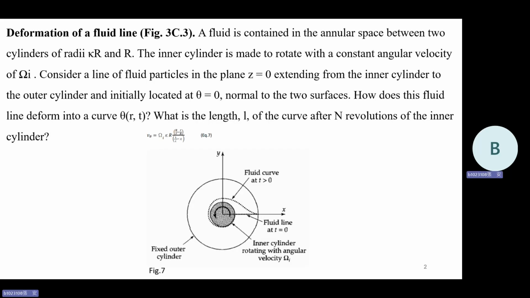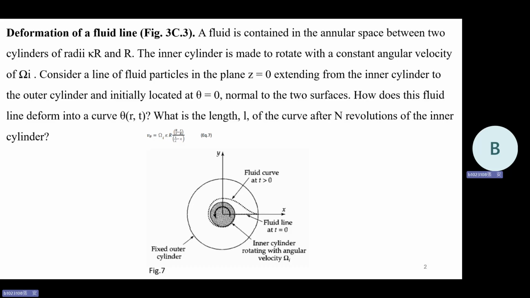A fluid is contained in the annular space between two cylinders of radius kappa R and R. The inner cylinder is made to rotate with a constant angular velocity of capital Omega I. Consider a line of fluid particles in the plane Z equals 0, extending from the inner cylinder to the outer cylinder and initially located at theta equals 0, normal to the two surfaces.